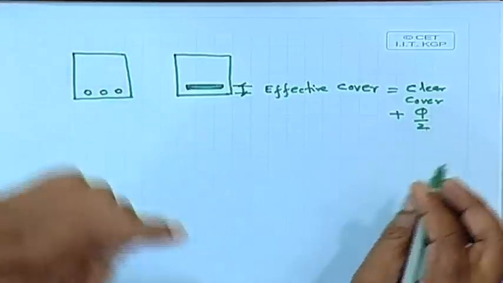So, here we assume a certain diameter, based on our experience. This is the moment, so we know that this bar will come, whether 12 millimeter, 16 millimeter or 20 millimeter.